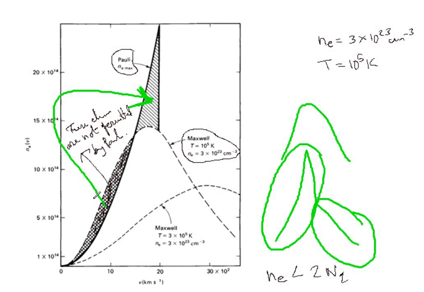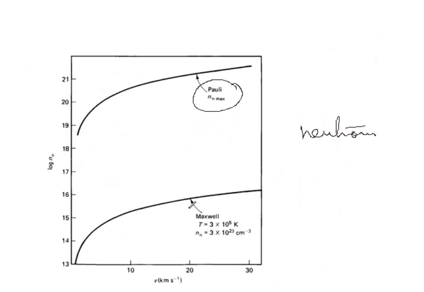Basically we observe that for the same number density we find degeneracy for electrons, while the number of neutrons stays much below the Pauli's principle limit for all velocities. The velocities are lower by a factor of 100.